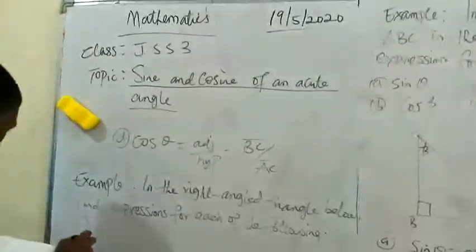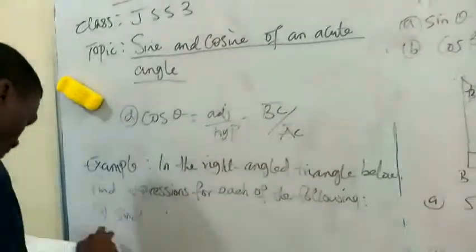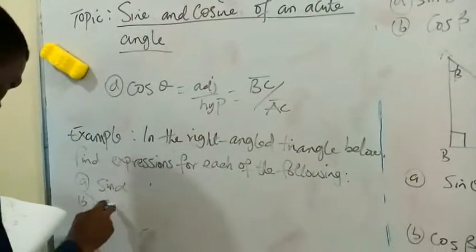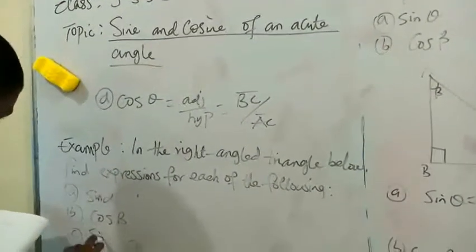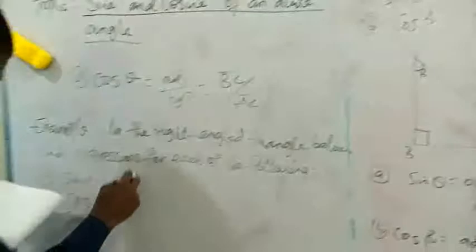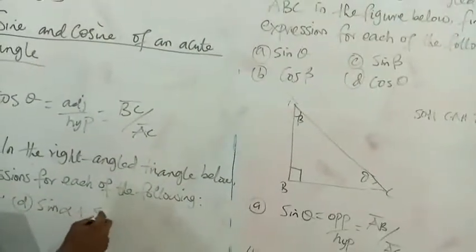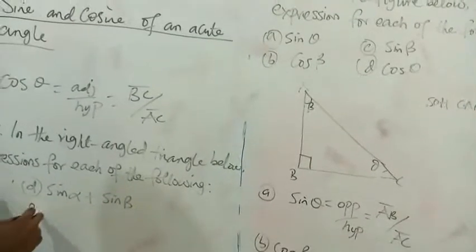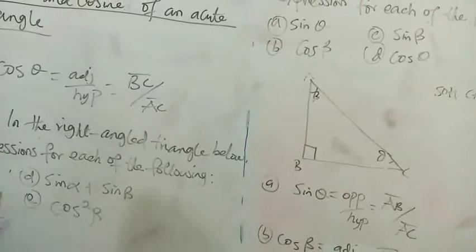We have sin alpha, we have cos beta, we have sin beta, we have sin alpha, we have sin beta, and we have cos square beta. In the right angle triangle, we will have to find the expression for each of the following.